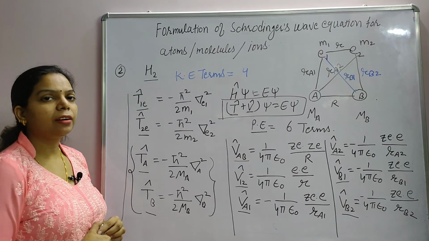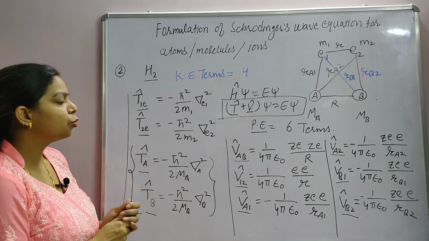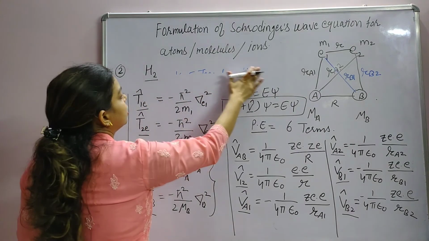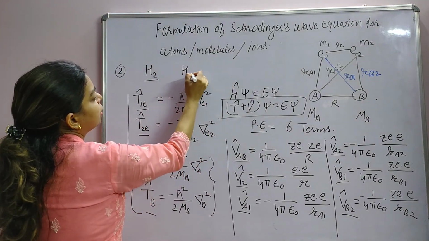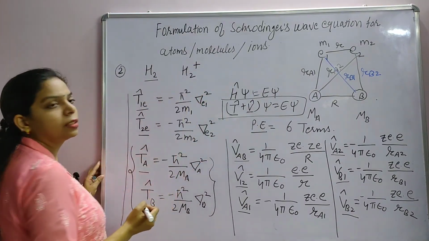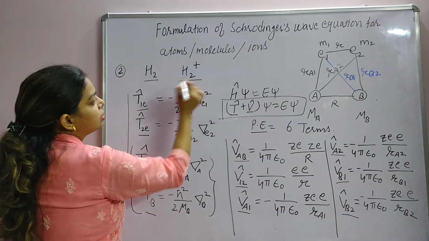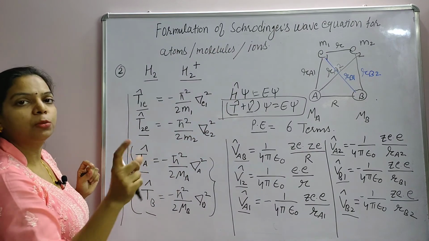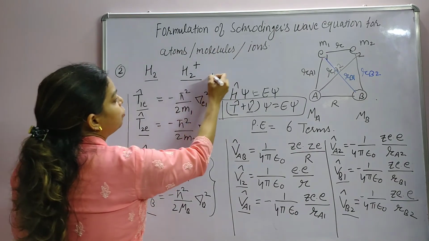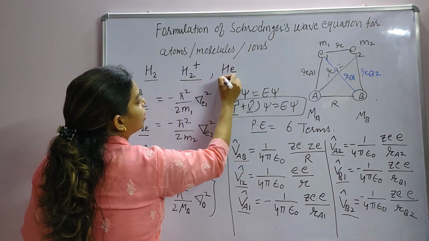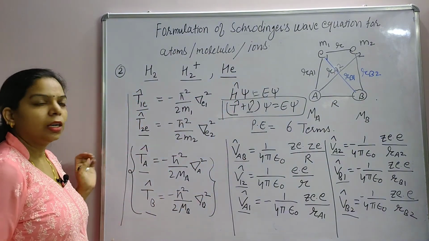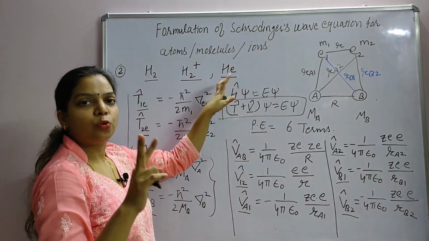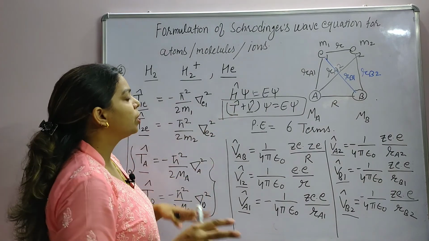In a similar manner, you can formulate Schrodinger wave equations for hydrogen molecule ion. In this system, we will have 2 nuclei and 1 electron, so the number of terms will decrease. For the helium atom also, in helium you have 1 nucleus and 2 electrons, so that way you can draw the system.